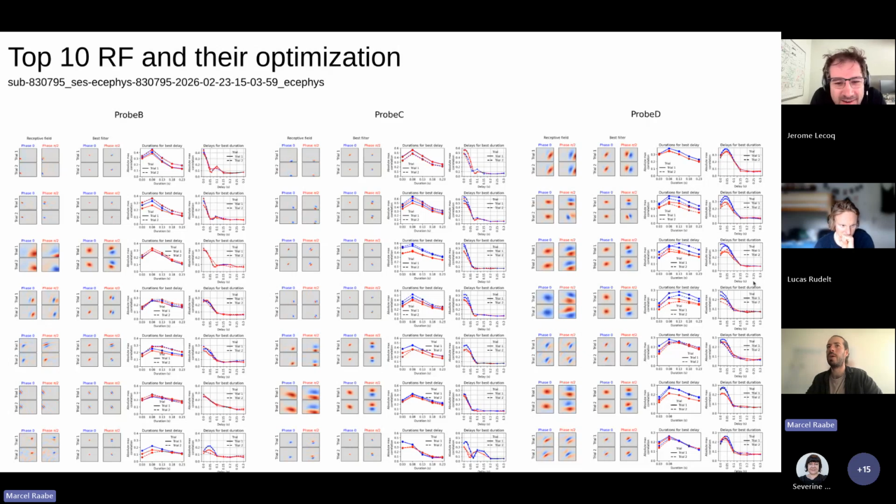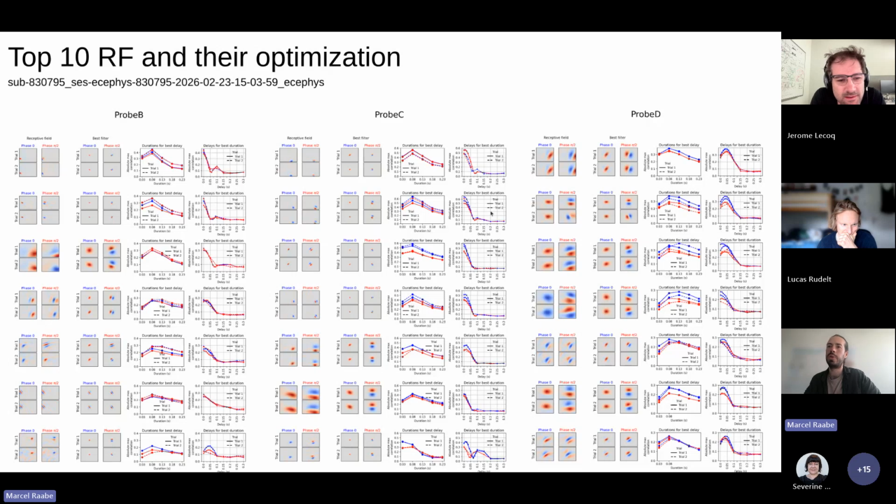Another outcome is that both trials are very similar. We see a very similar amount of absolute correlation values between both trials.